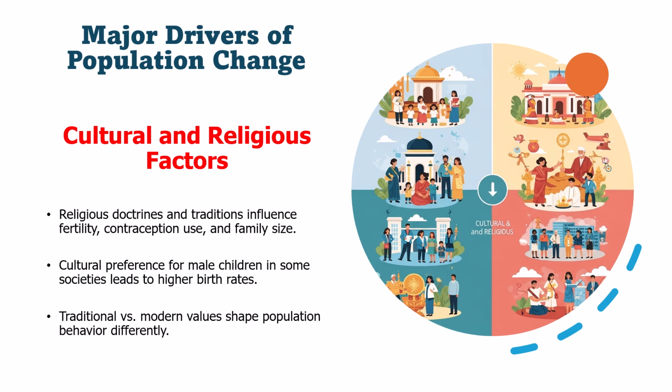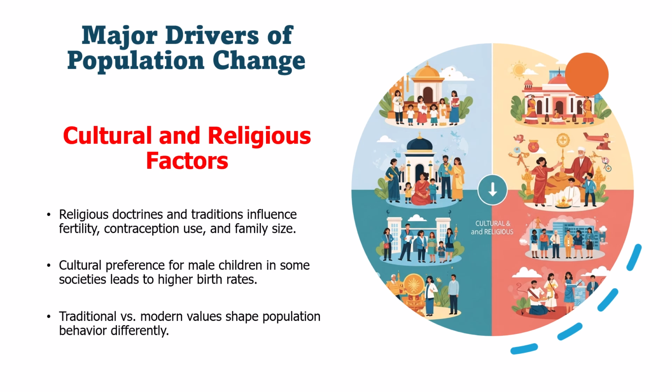Traditional norms emphasize early marriage and large families, while modern values shaped by education, urbanization, and globalization favor smaller families and gender equality.